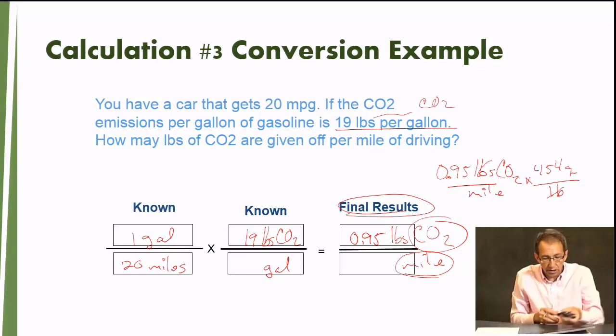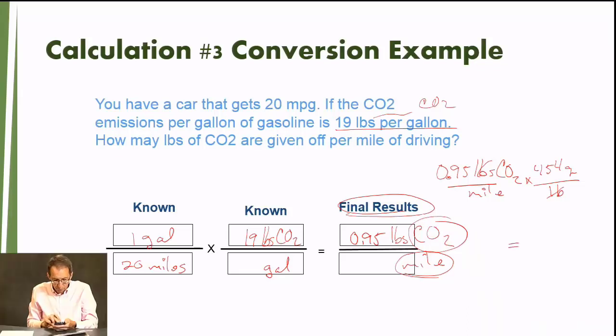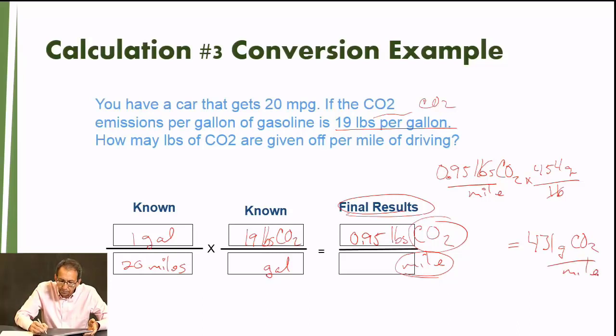So I look at my calculator and I say 0.95 times 454, and I get 431 grams CO2 per mile. Make sense?